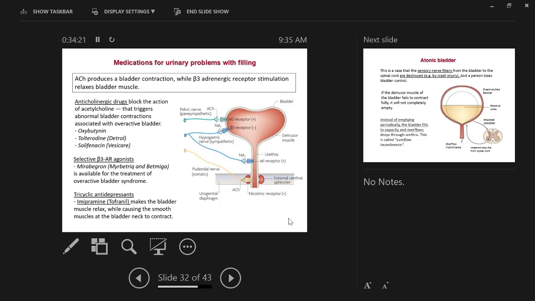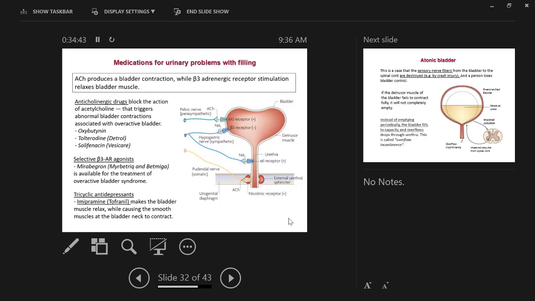So that's why the first approach is anticholinergic drugs, which block the action of acetylcholine to reduce overactive bladder. So I listed the drug names here.